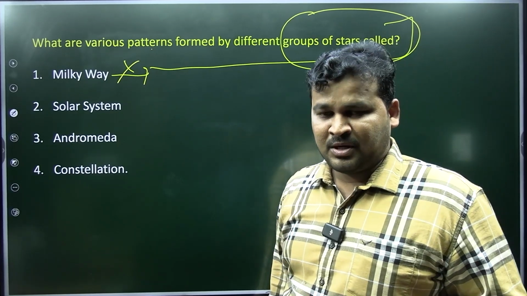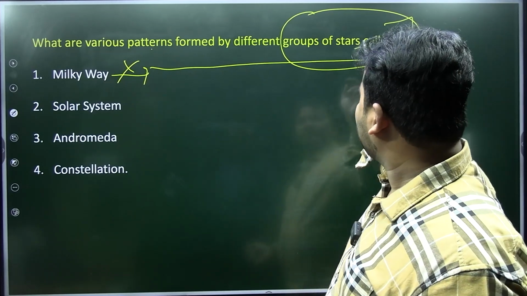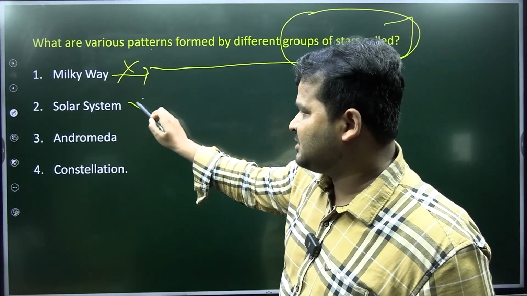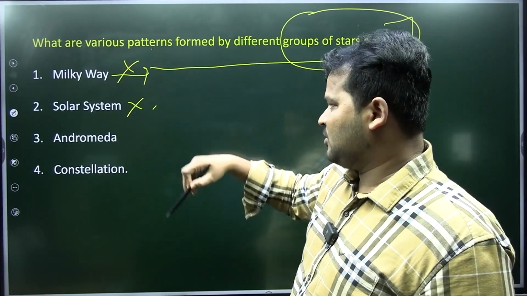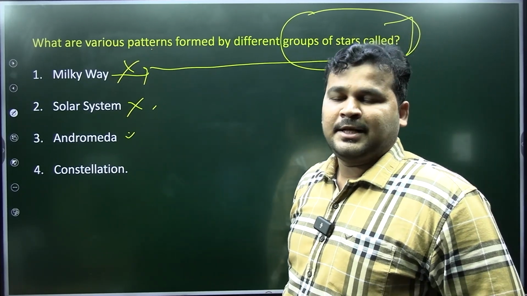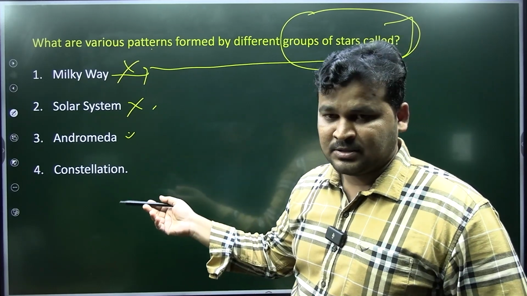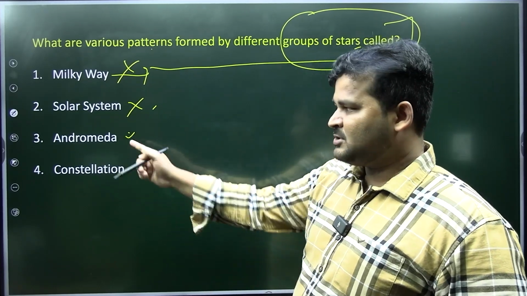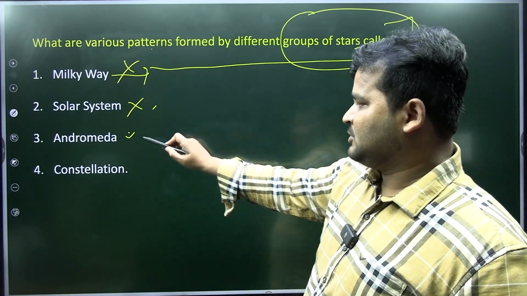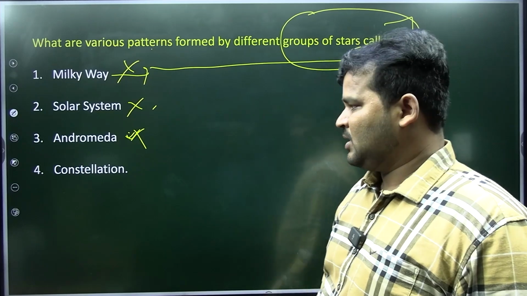It is nothing but a sun and planets. So the solar system also goes out. And Andromeda. What is Andromeda? It is one of the satellites of Jupiter, and also the largest satellite. So it is a satellite, and this third option is also going out.